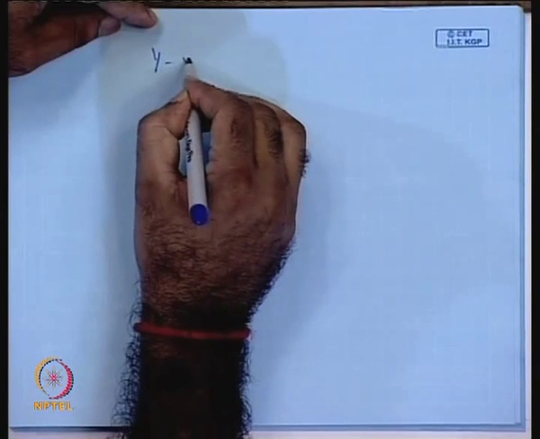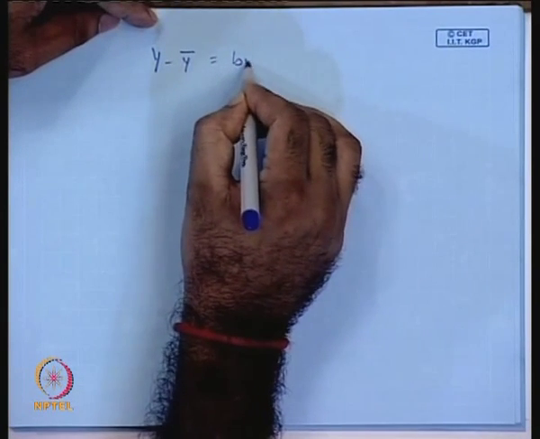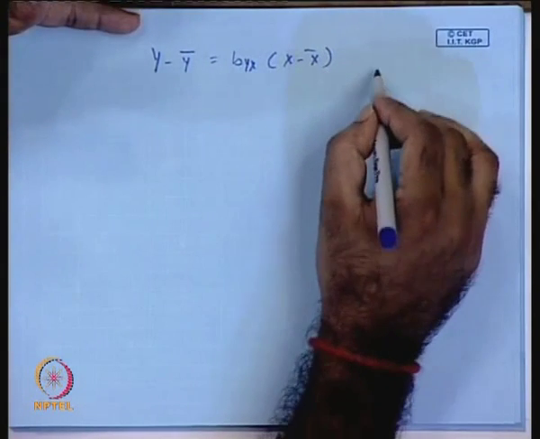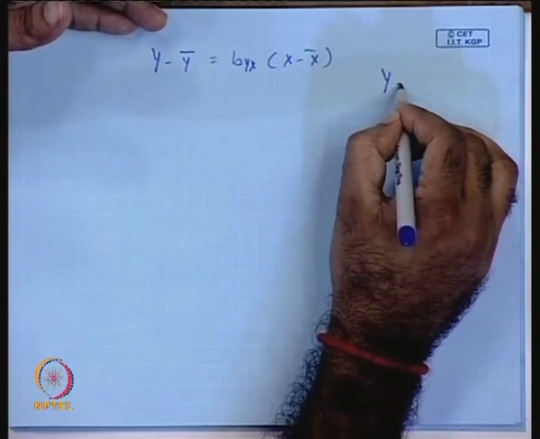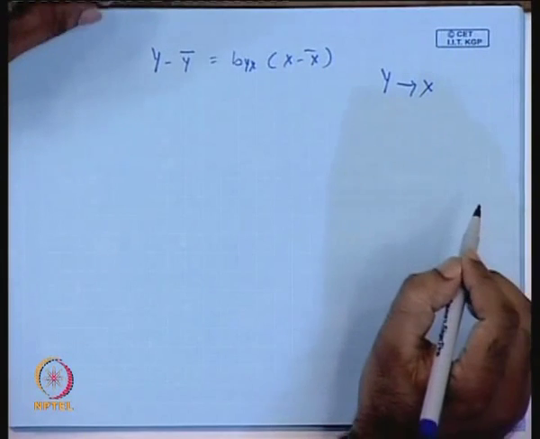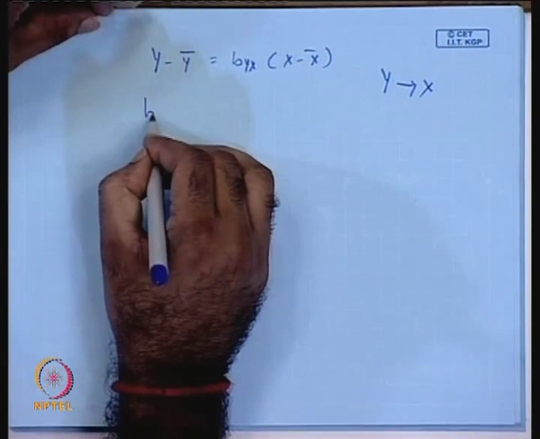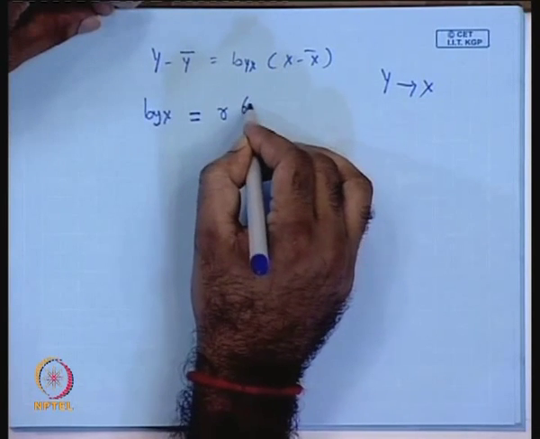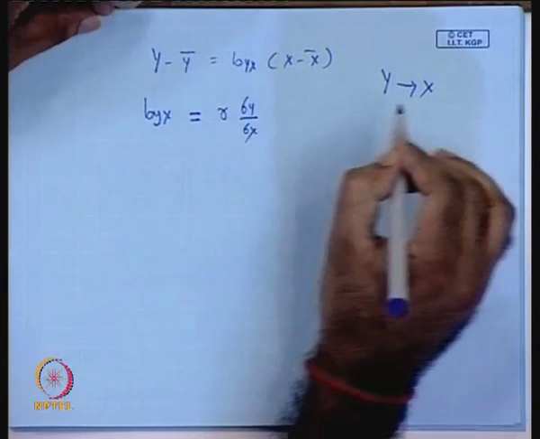Let us start with the first equation, y minus y bar is equal to byx into x minus x bar. This is the regression of y upon x. Here byx represents r sigma y by sigma x.